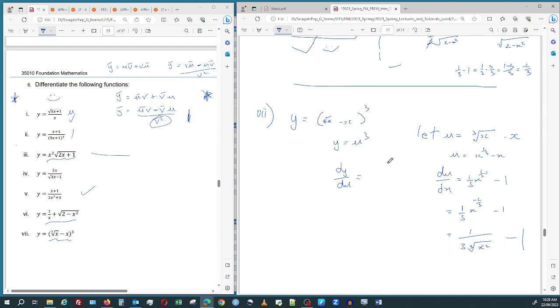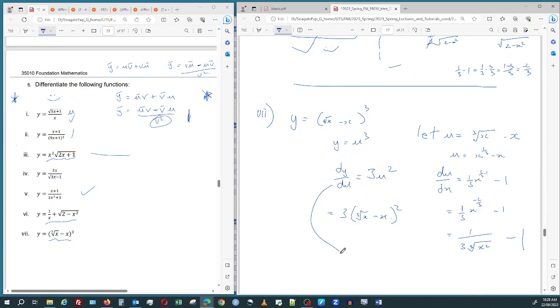So that's this part here. This is dy du, 3u squared, which is equal to 3 times the cube root of x minus x, squared. That's the original.